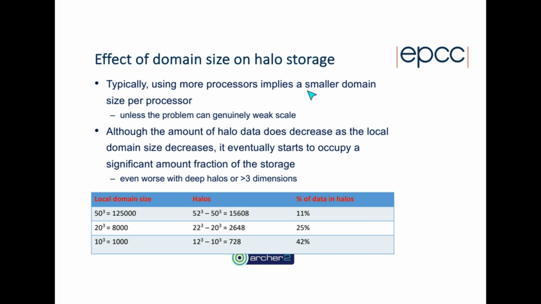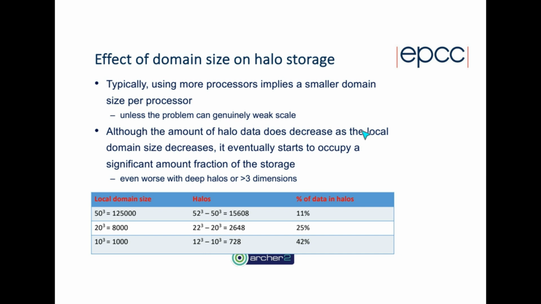So we have to think about the effect of the domain size on halo storage. Suppose I do classical domain decomposition. If I try to do strong scaling, or something that's not genuinely weak scaling, then using more cores implies, for a fixed problem size, a smaller domain size per processor.